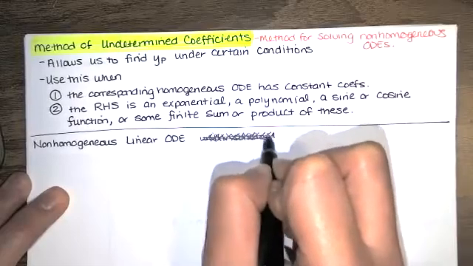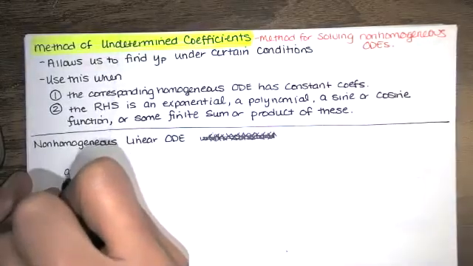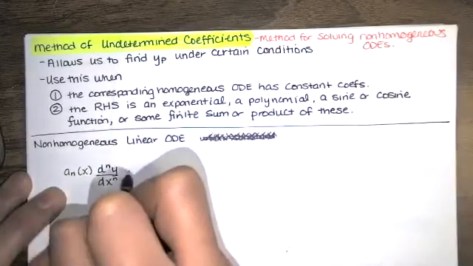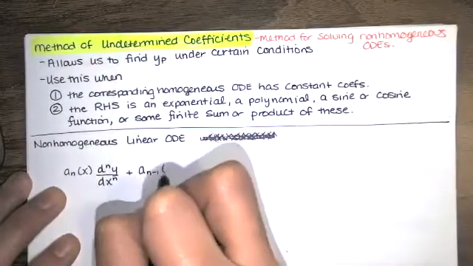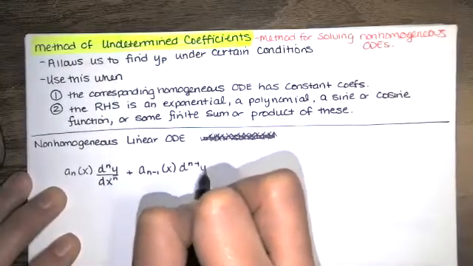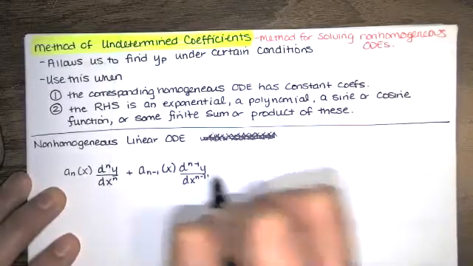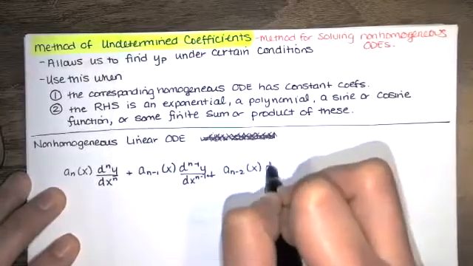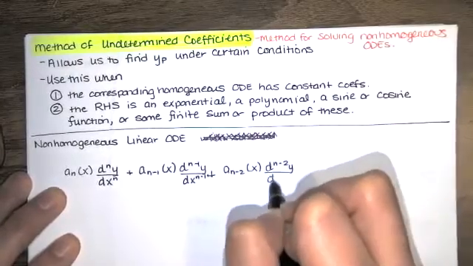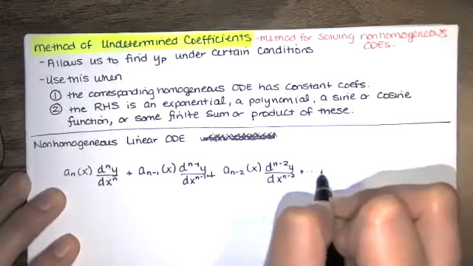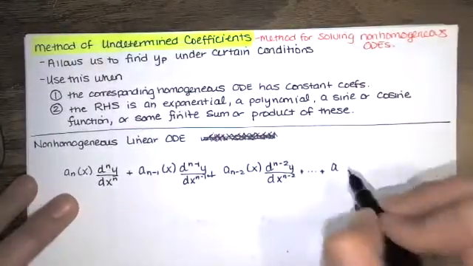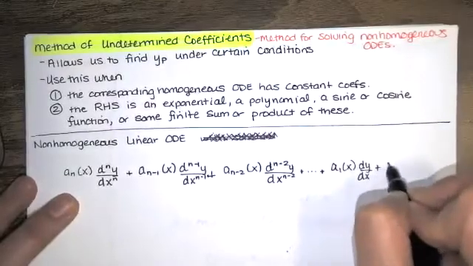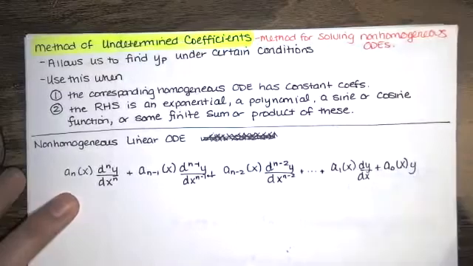So if we have a non-homogeneous linear ODE, it's going to have this form. You'll have some coefficient function times the nth derivative of y with respect to your independent variable, plus some other coefficient function times the next lower derivative of y with respect to your independent variable, and so on. And you keep going indefinitely until you get to some coefficient function times the first derivative plus a coefficient function times y.